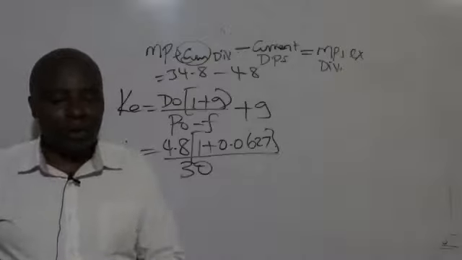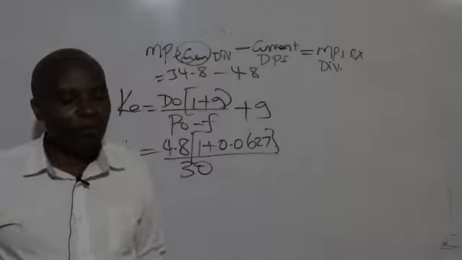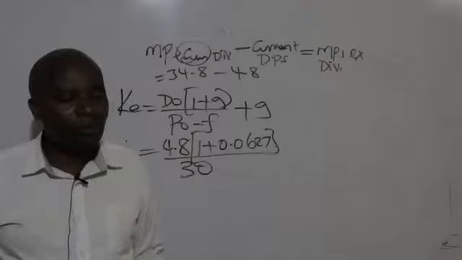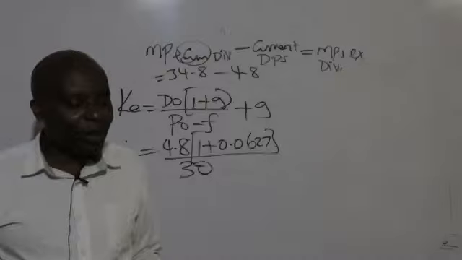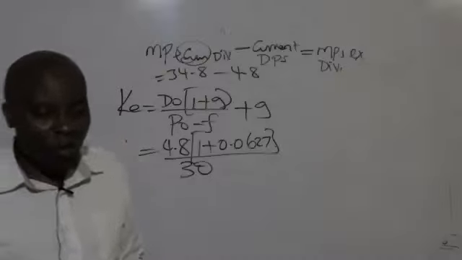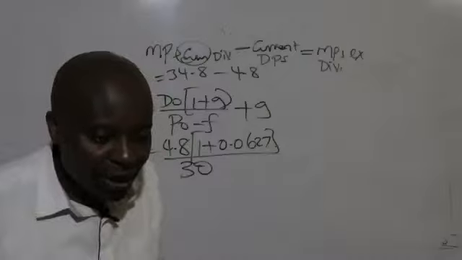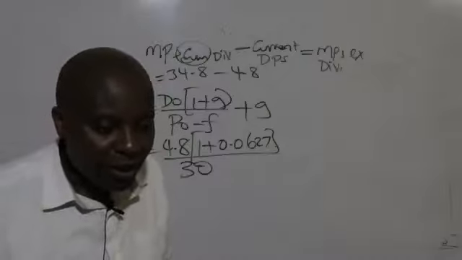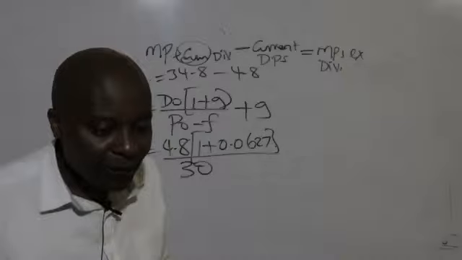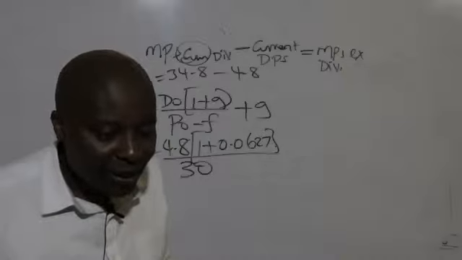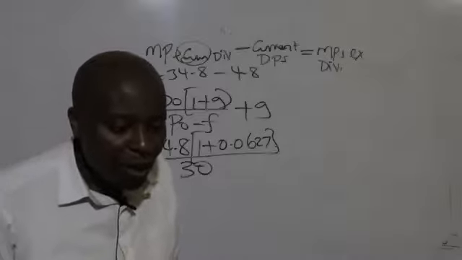So any other question there? We check D0. So why use current, which is 4.8 for year 2018? We check D0 again.